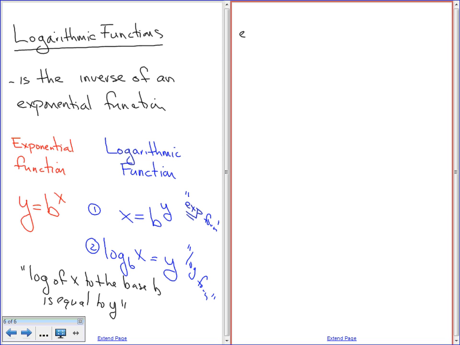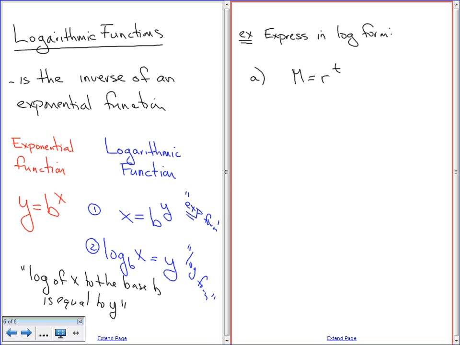Okay, so we want to go from one form to the other form. First example, express in log form. And again, I'm going to use log to short form logarithmic or logarithm. So x equals b to the exponent y is the exponential form.